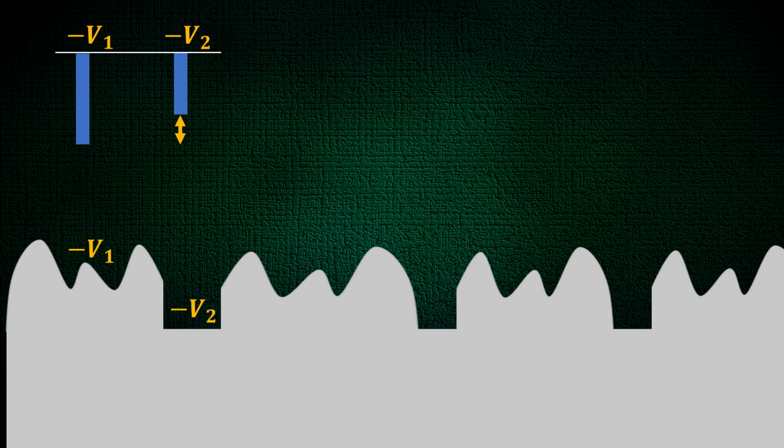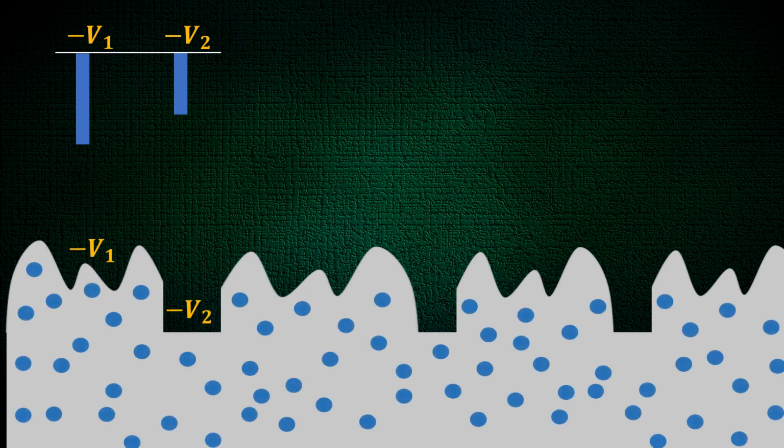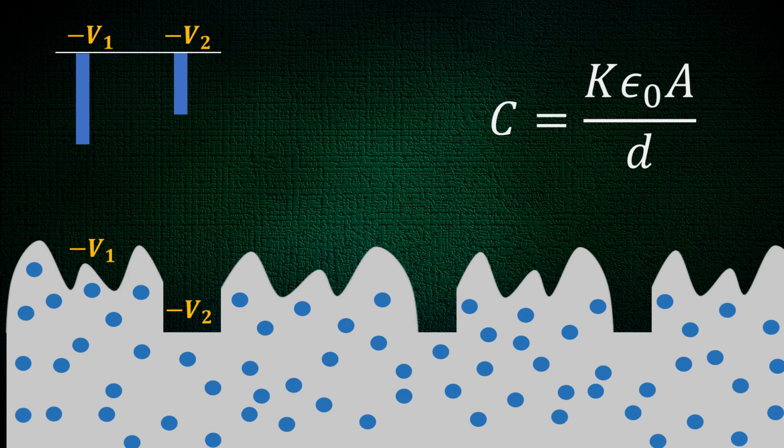Now what if we add moisture to the paper? Water has a higher dielectric constant. So when we add moisture, the dielectric constant of the paper increases. But if you go in calculations and experiments, it has been found that although there is an increment in potential of both the areas, along with that, the difference in potential also increases.